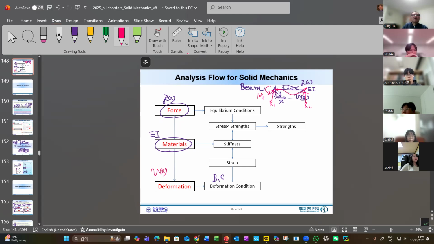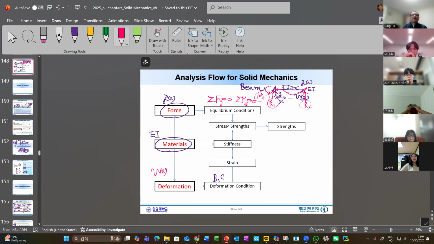Anyhow, for the equilibrium, these are unknown. Equilibrium means that all the vertical forces in the y direction should be 0, and the whole beam should not rotate: the moment about z equals 0. This is the equilibrium condition.